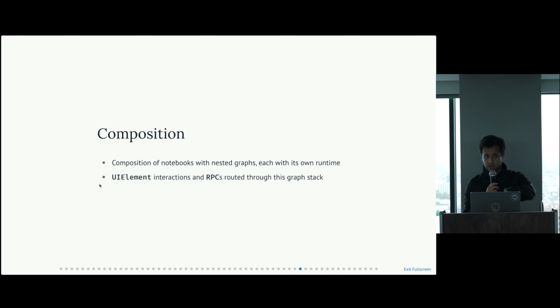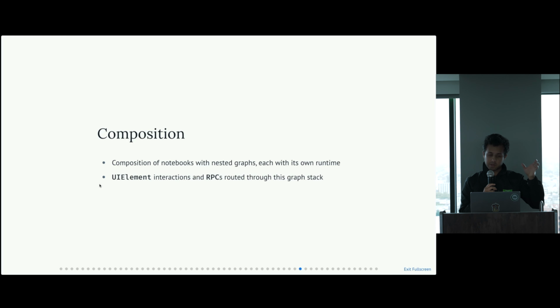Composition: you can import notebooks into other notebooks. When you output an entire notebook, we take the original notebook's outputs, concatenate them, and show them, including their UI elements, and you can actually interact with the UI elements and it'll flow through the graph. The way this works is that we have a stack of graphs in each notebook.